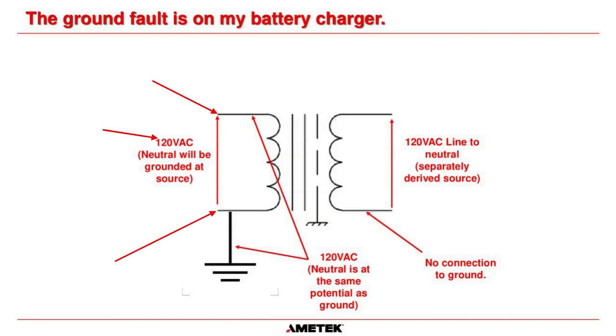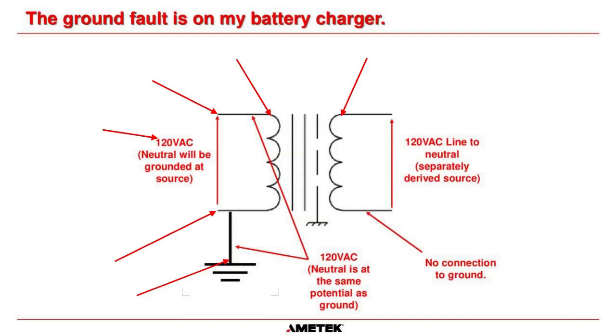Now, back at your MCC that is feeding this, your neutral is going to be connected to ground. It's going to be bonded to ground. Okay, so the neutral here is bonded to ground. But then you can see from this transformer, there is absolutely no electrical connection between the primary here and the secondary here. Okay, so let's say this is just a 1-to-1 transformer, 120 volts in, 120 volts out.